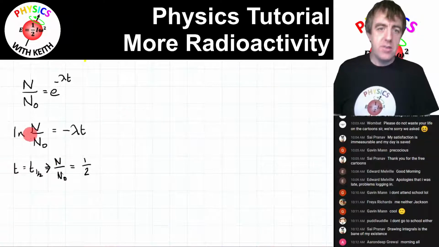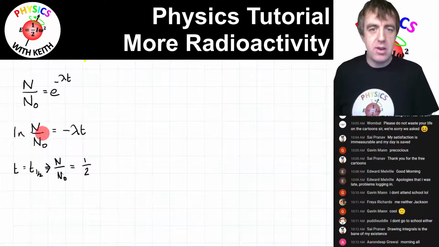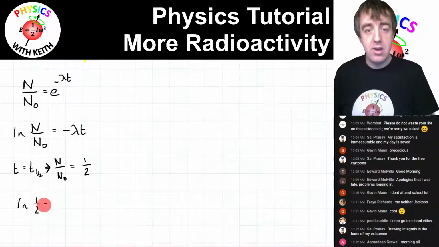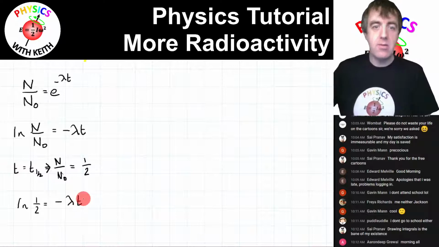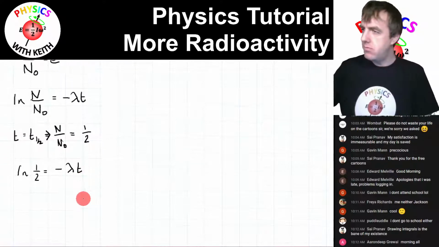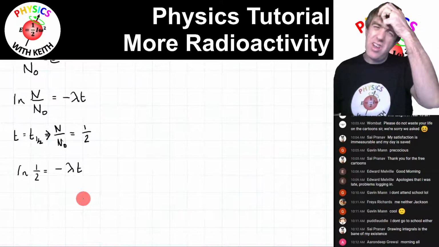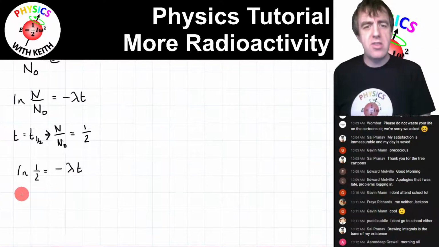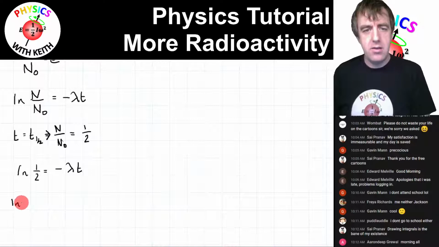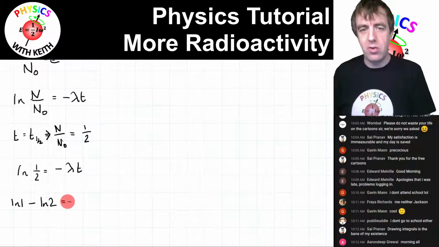Okay. So now we can plug that into this equation here, and we end up with natural log of a half equals minus lambda t. You might look at that and think, well, natural log of a half, what's that then? Well, that's the same as the natural log of 1 minus the natural log of 2. That's one of the laws of logs.